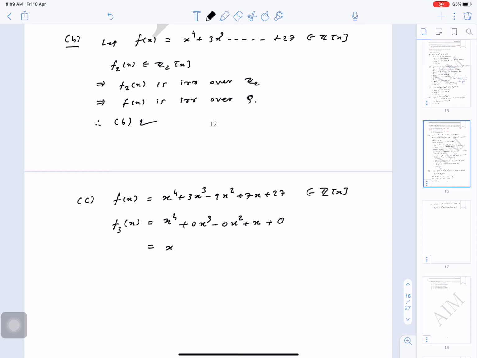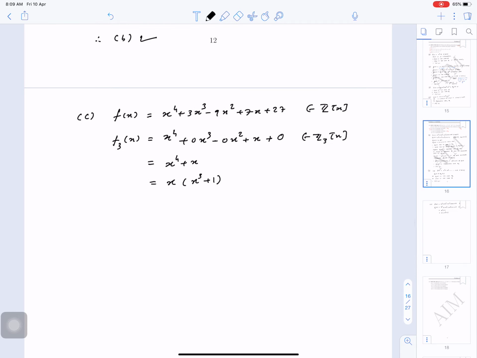So it is x raised to 4 plus x, but it is x into x cube plus 1 in Z3[x].